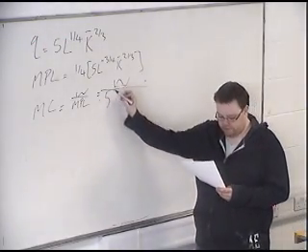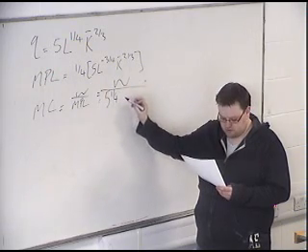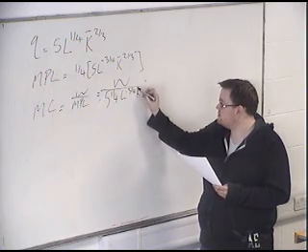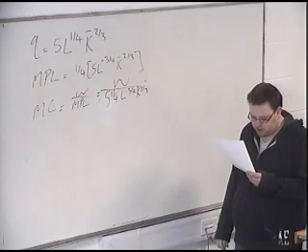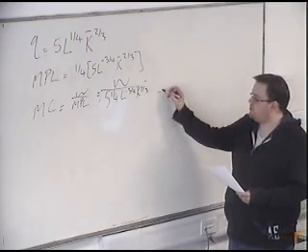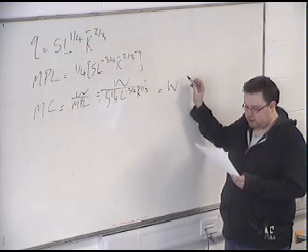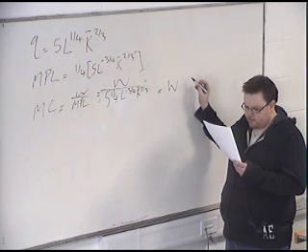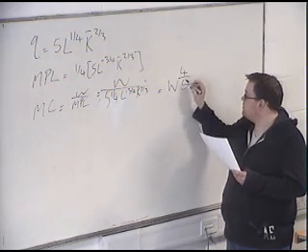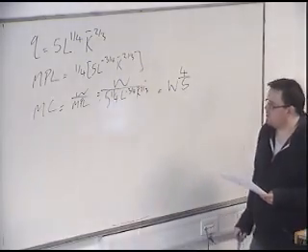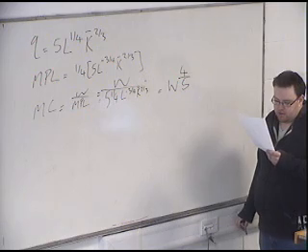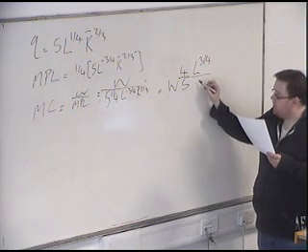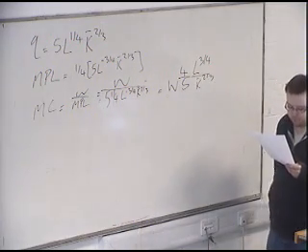So W over 5 times a quarter times L to the minus 3/4 K bar to the 2/3, which if you tidy it up, you get W times 4 over 5, because when you take this, you just flip it, times L to the 3/4 over K bar to the 2/3.